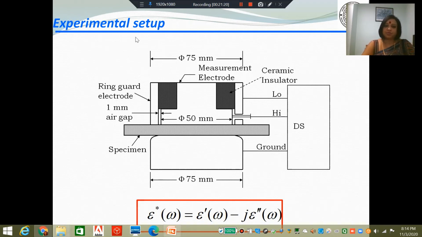So in frequency domain spectroscopy, we can think about an experimental setup where you have a specimen, a ring electrode, which is the guard electrode, and you have an upper electrode and a lower electrode.